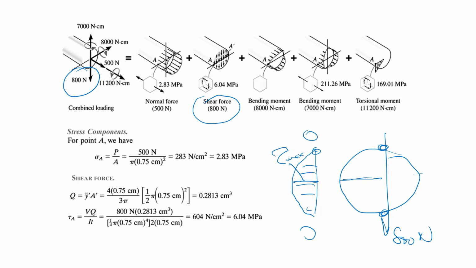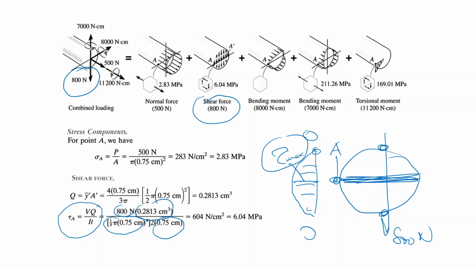My point A lies on this axis, so it has a maximum shear stress. The formula to calculate the shear stress is like this. You have the shear force, the moment of inertia around the axis, the thickness, which is this diameter, and you have the Q value.